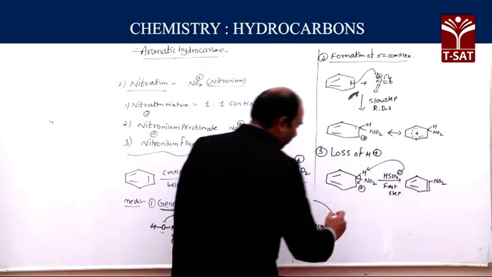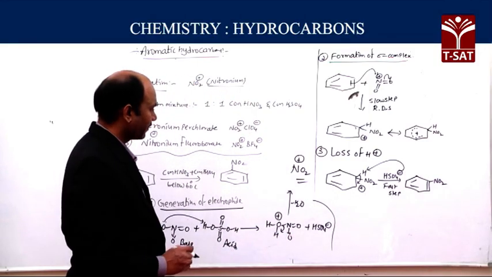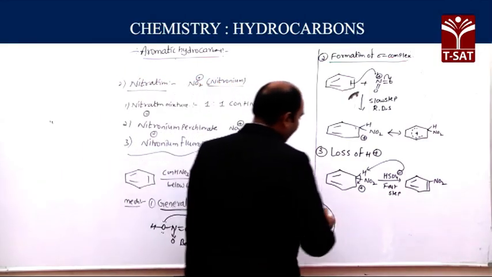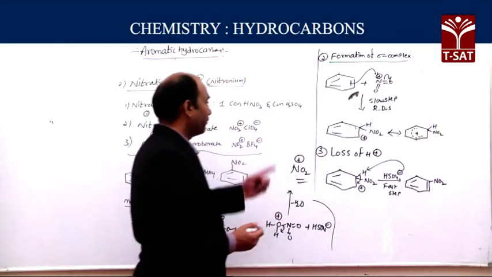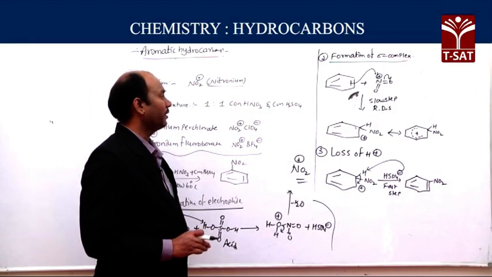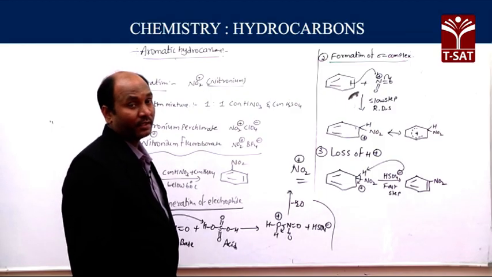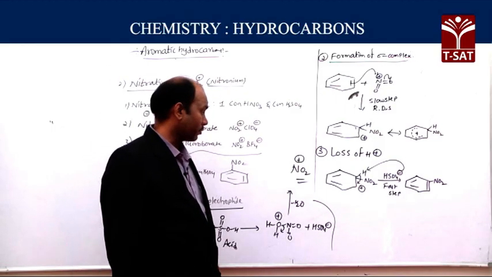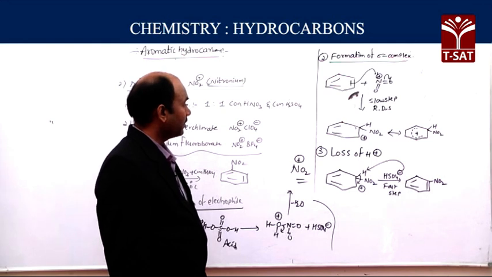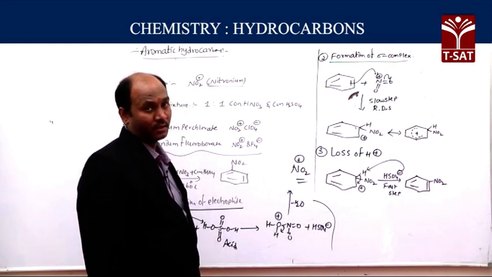An important point here is the primary kinetic isotope effect. If you observe, the formation of the sigma complex is the slow step, not loss of H plus, whereas in iodination loss of H plus is the slow step.